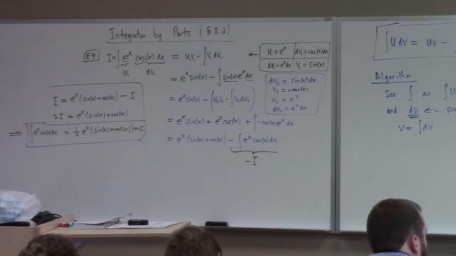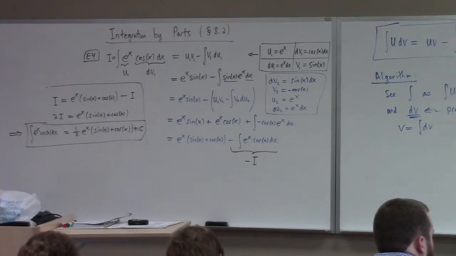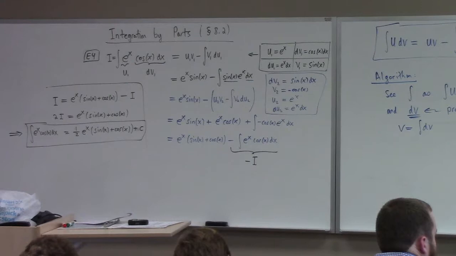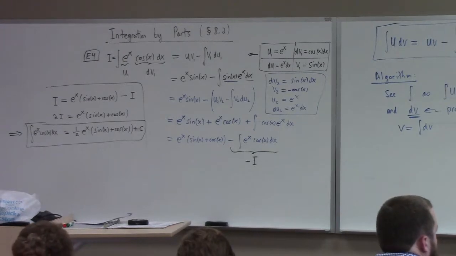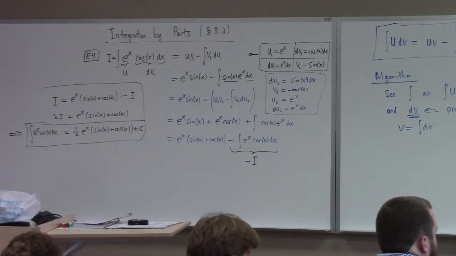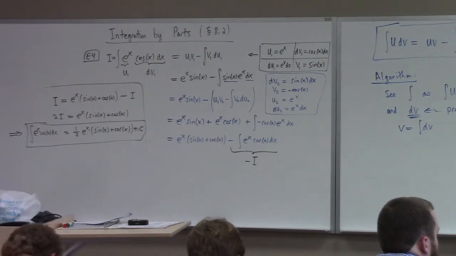And minus I again. Solve for I. What do we get? 1/2 stuff plus the constant. I mean, that's the same algebra we did in the last example.